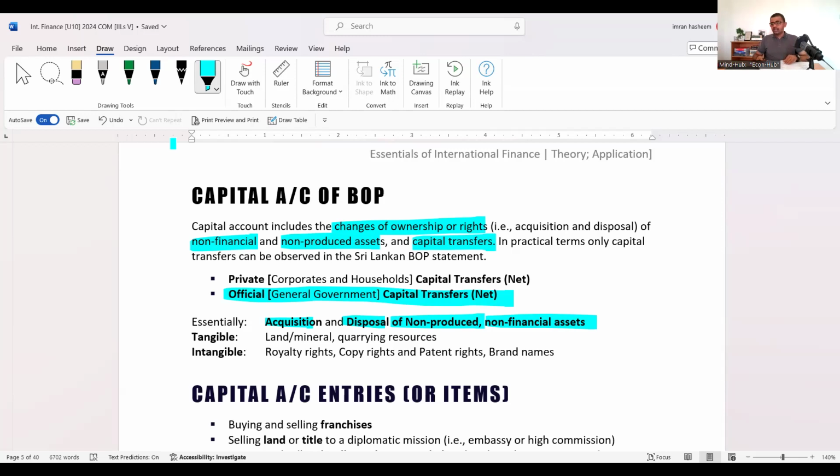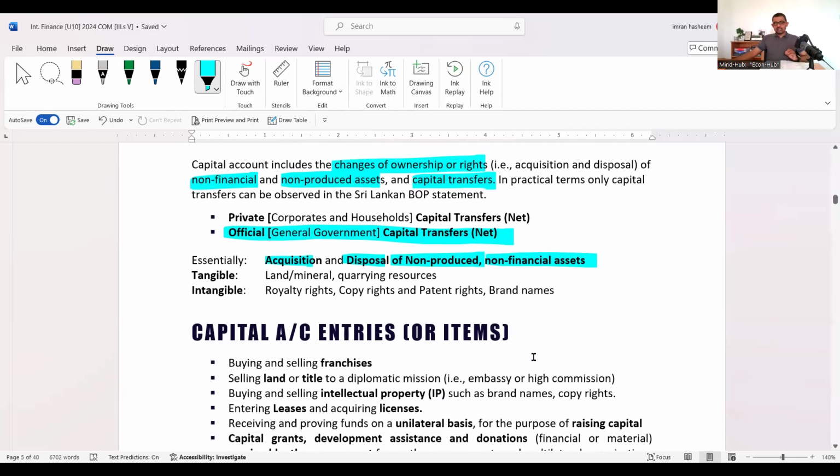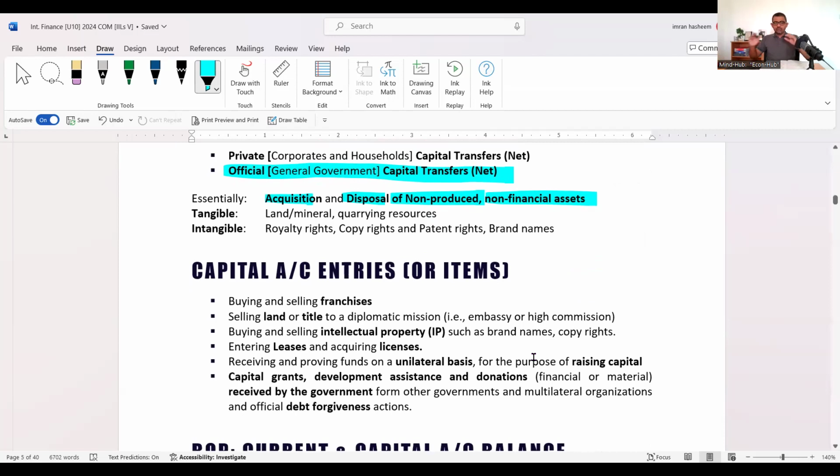Got it? Right. Non-produced, non-financial. The items are clear. Okay, if you guys have anything to clarify, please ask. You need to know under each account that we talked about, only three main accounts are there, current, capital, financial. Under each, what are the main things we include? We need to know.